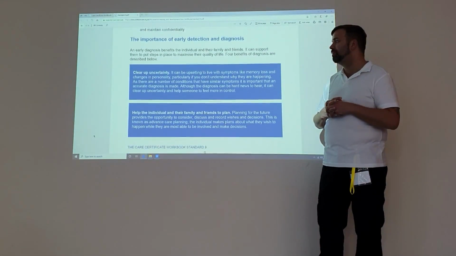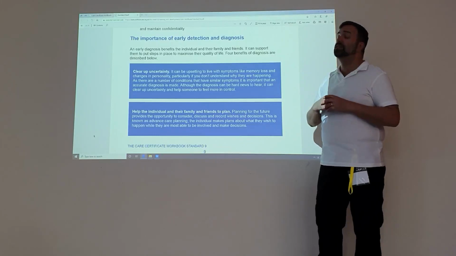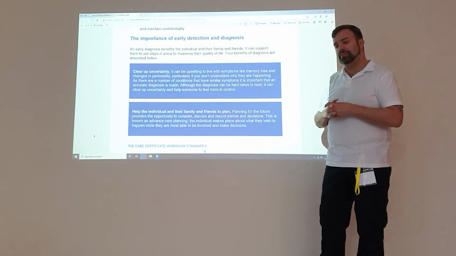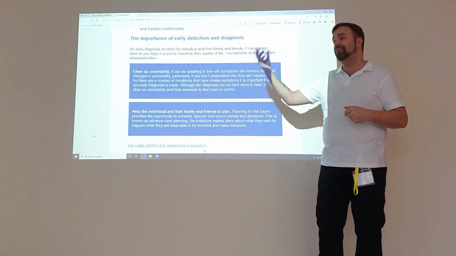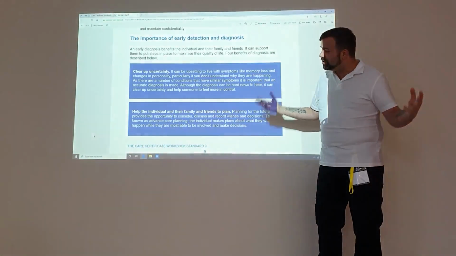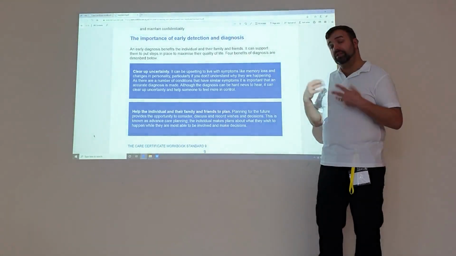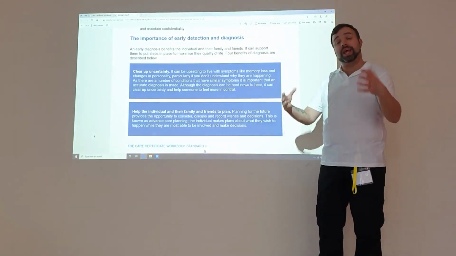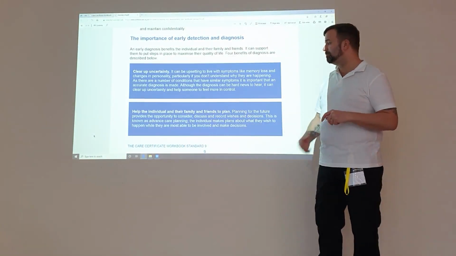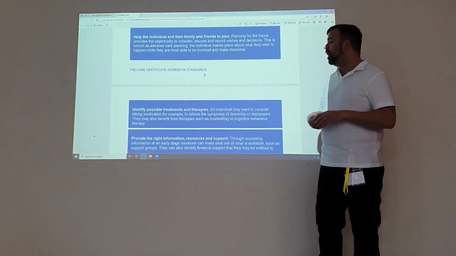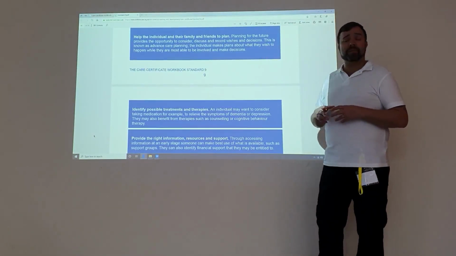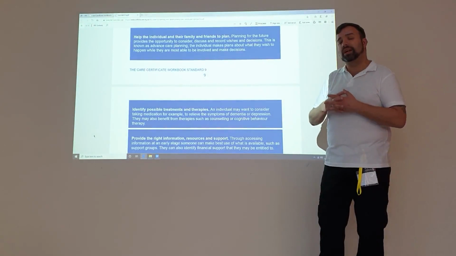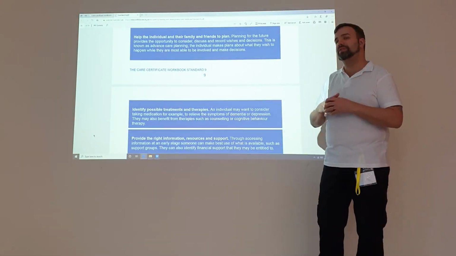It's important that we get early diagnoses in some conditions, especially for mental health and for dementia, because the sooner we have the right diagnosis, the sooner we can start looking at nursing interventions and care interventions that help meet people's needs. We may need to raise awareness with families and friends and again provide psychoeducation to support people to understand.